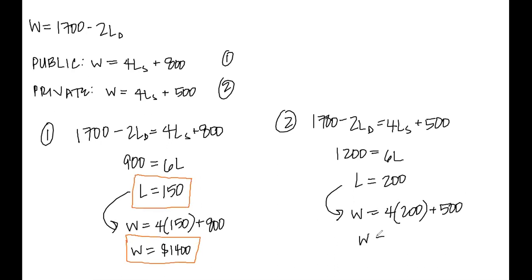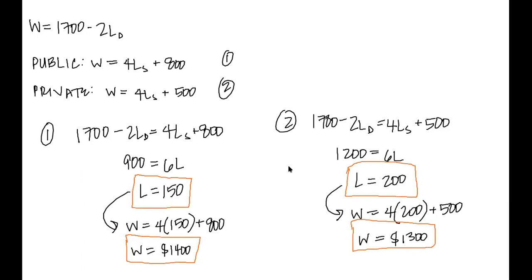This gives us an equilibrium wage of 1,300. So as we can see, we've solved for the equilibrium values in each school system.